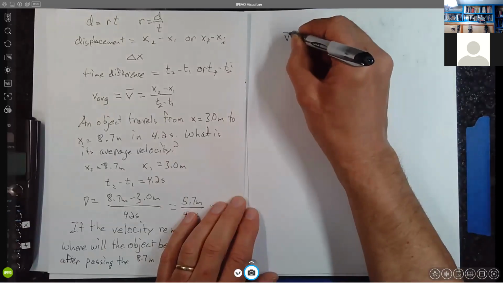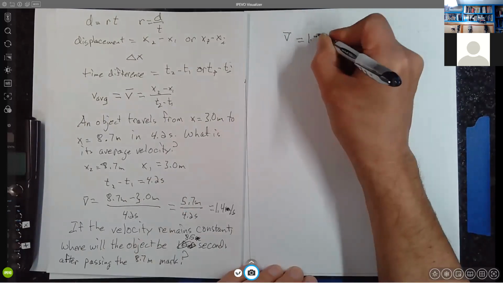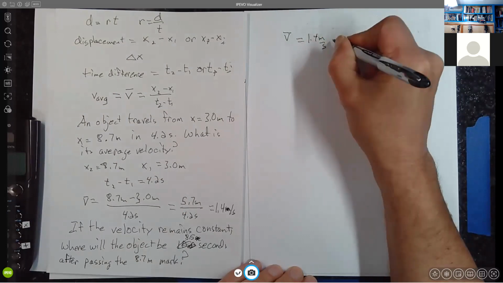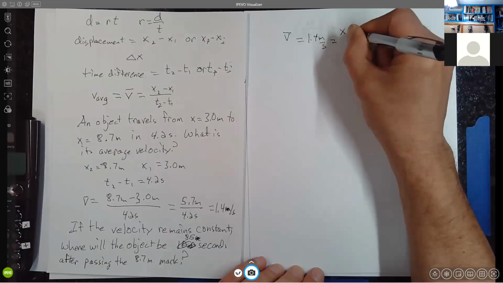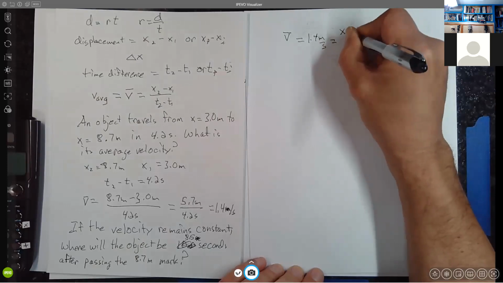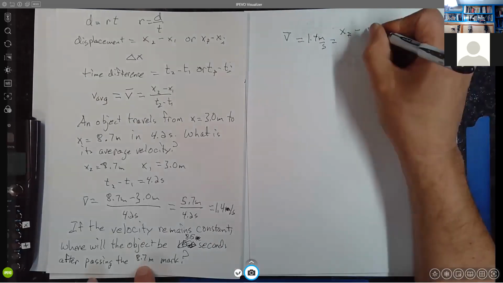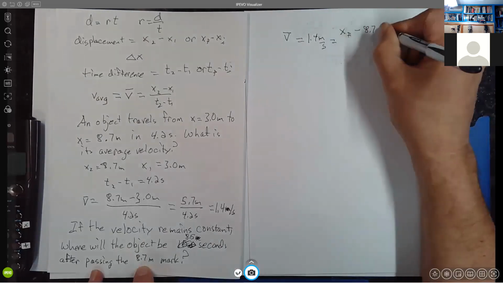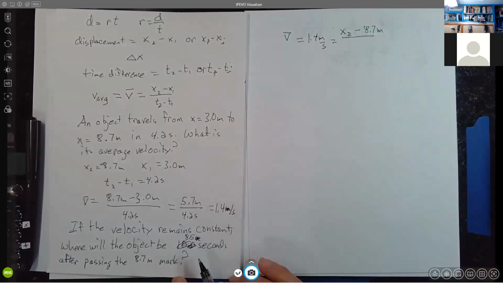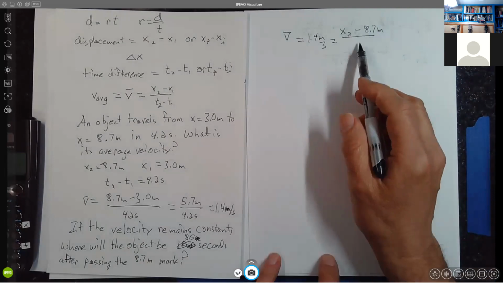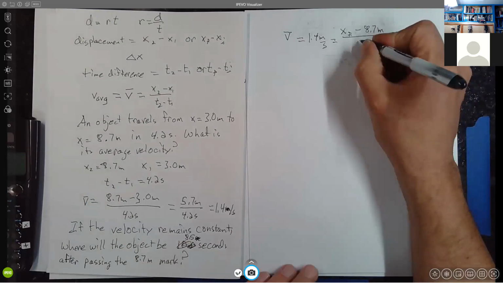I'll have the same average velocity that I got in the other one, 1.4 meters per second. But this time, it's going to be some x final, I guess. The initial position is going to be the 8.7 meters mark. And the time that it's going to take is going to be 8.5 seconds now.